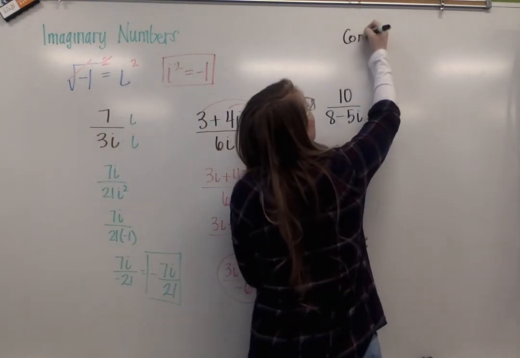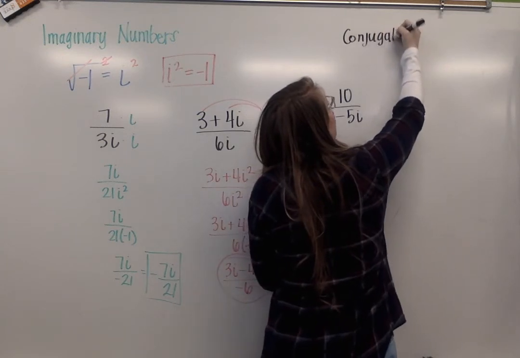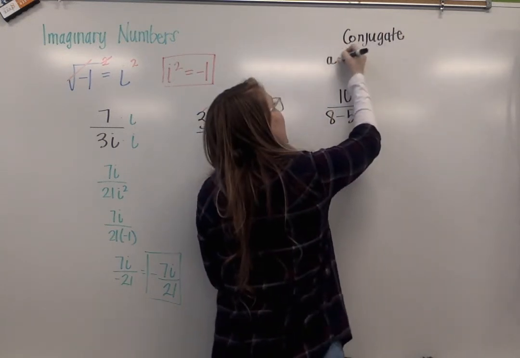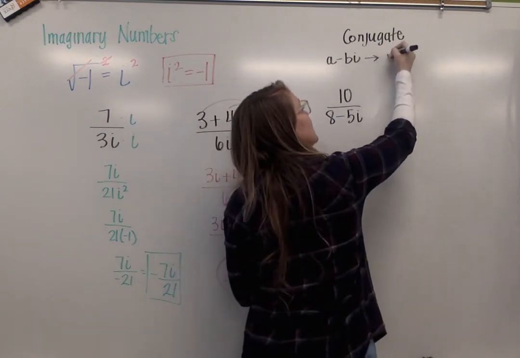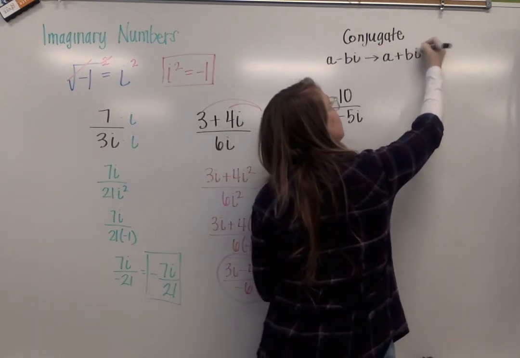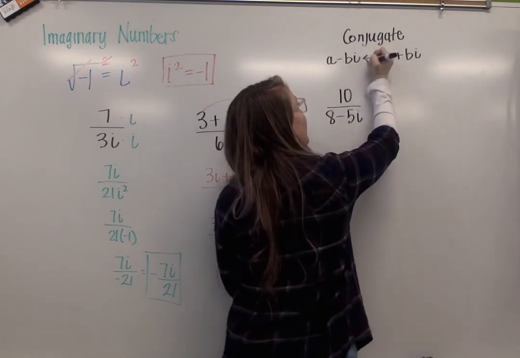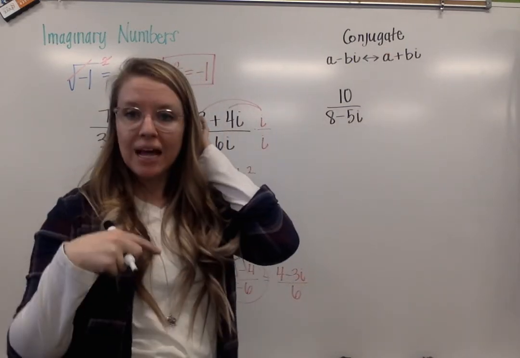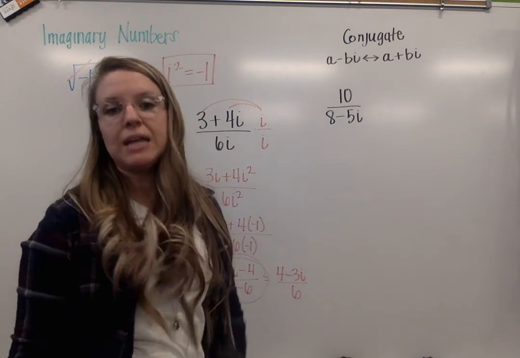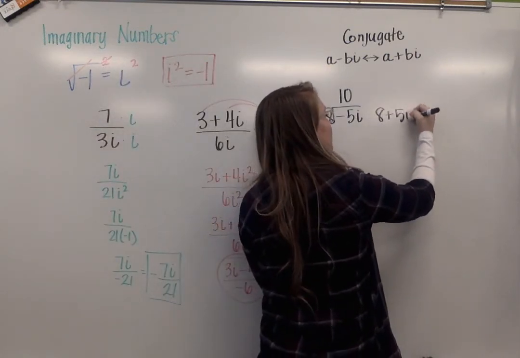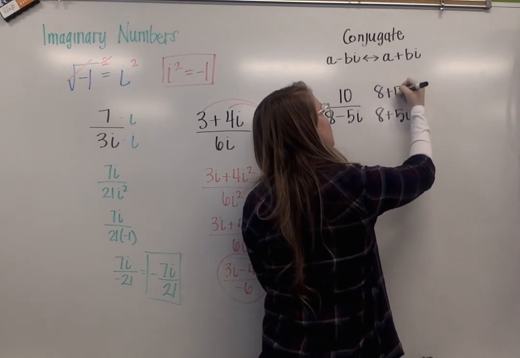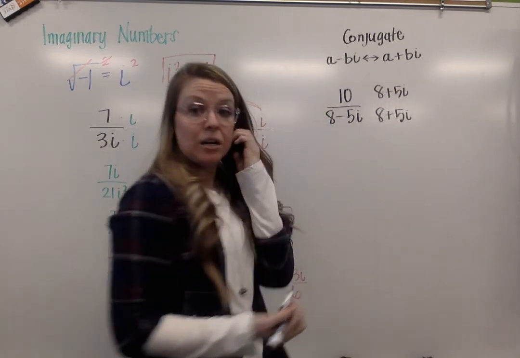So if you remember, with the conjugate with the radicals, here I have a minus bi. Its conjugate is going to be a plus bi, or vice versa. So if you have a plus, its conjugate is going to be negative. So I'm going to multiply by my conjugate to both the numerator and the denominator.